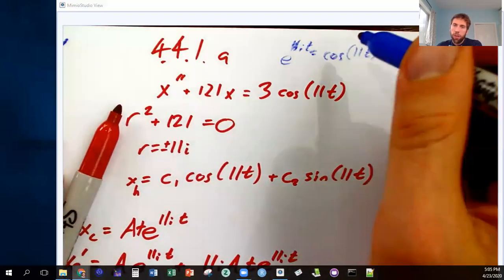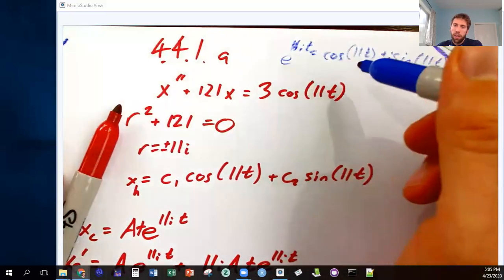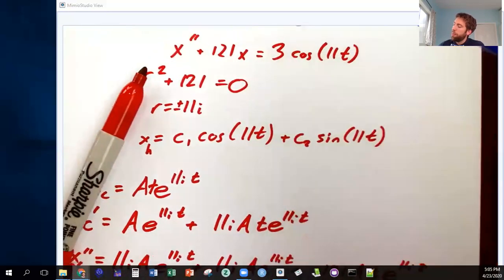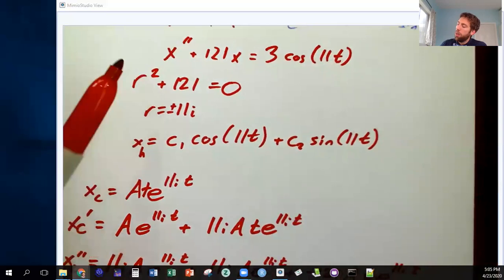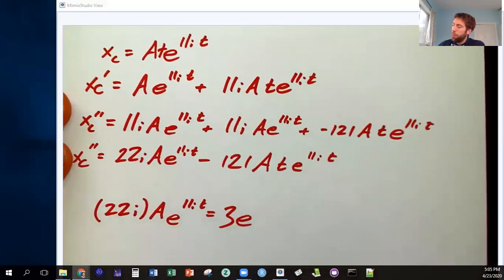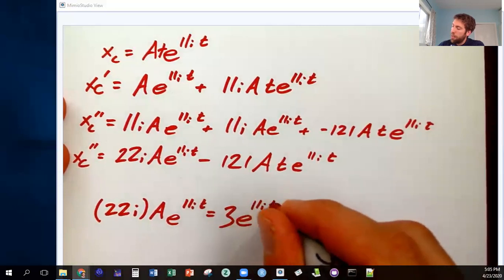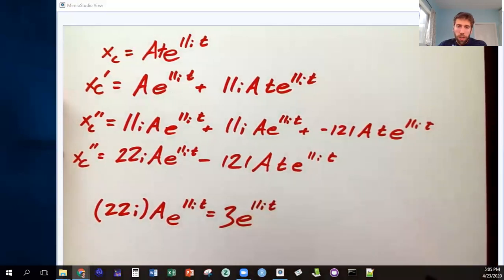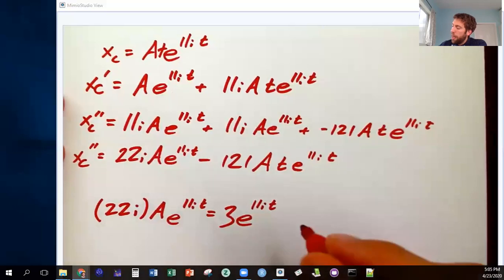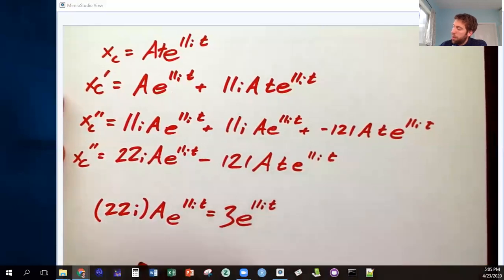And so then the real part of that is this. And so having this part be equal to 3 e to the 11it. Okay, so A is 3 over 22i, multiply both sides by negative i, I get negative 3i over 22.